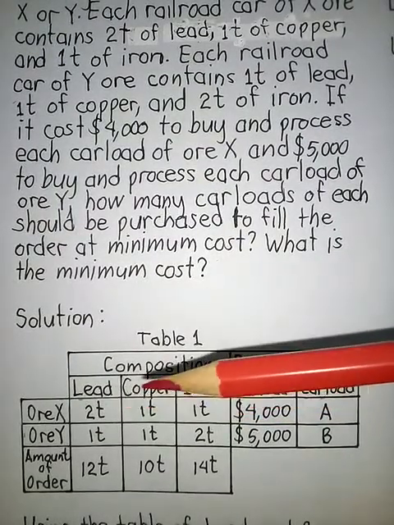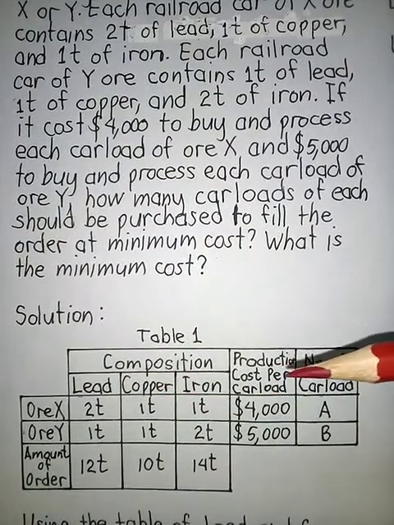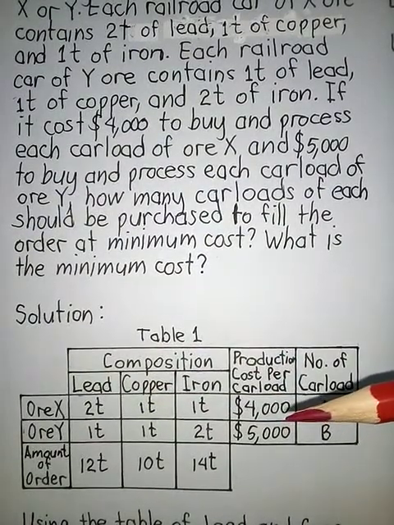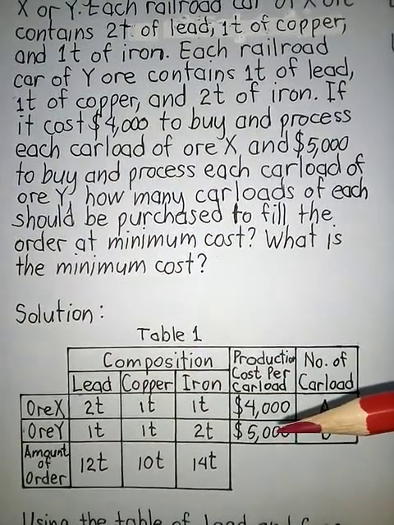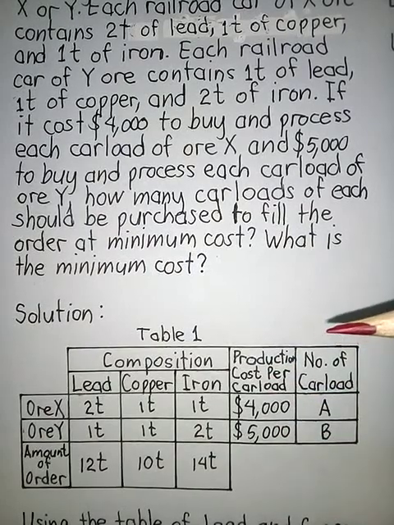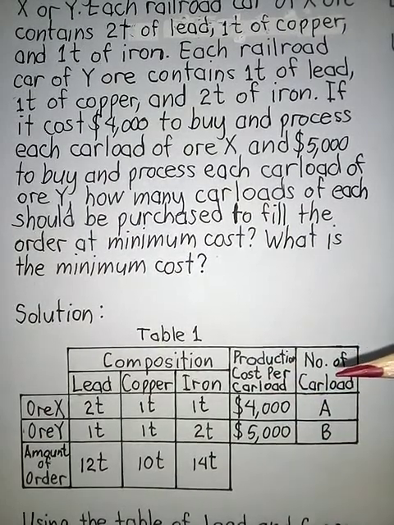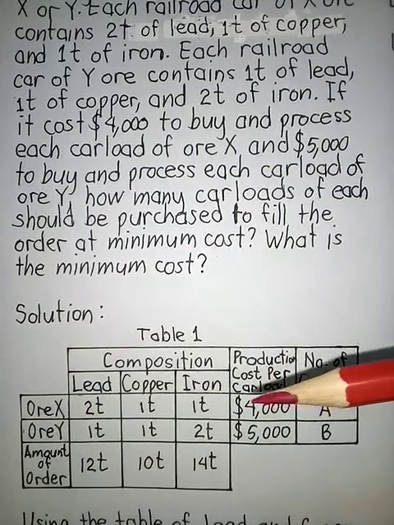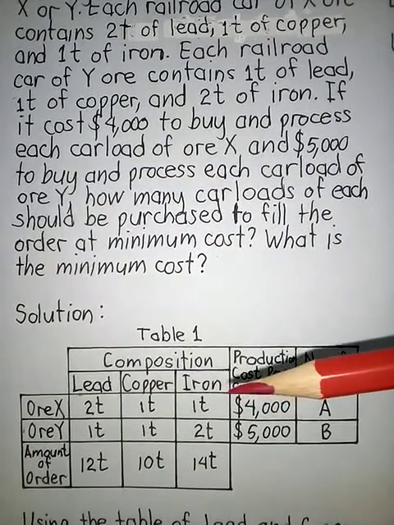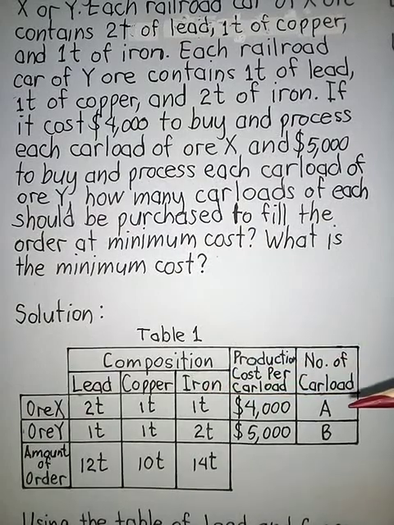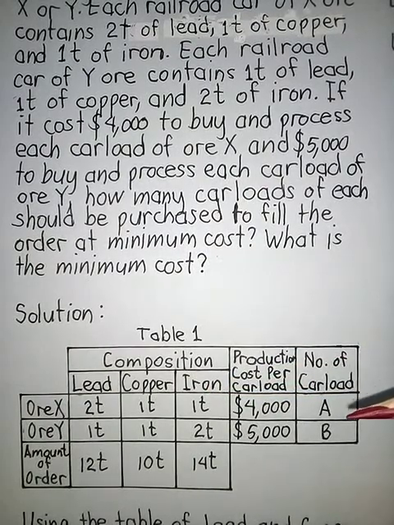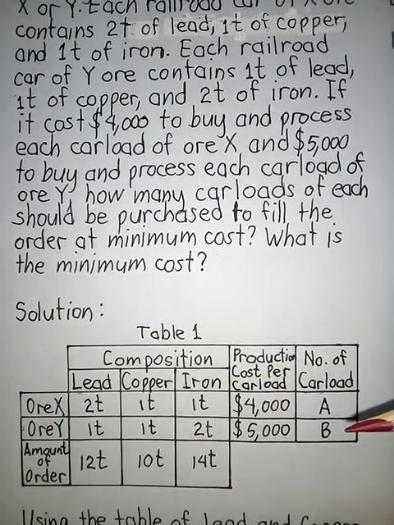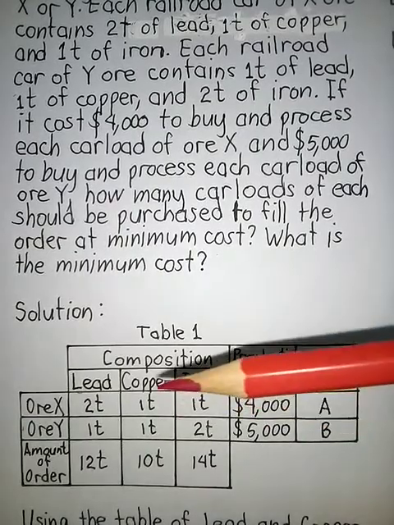If you purchase ore Y, the production cost per carload is $5,000. You don't know the number of carloads that you must purchase for ore X, and the number of carloads that you must purchase for ore Y.